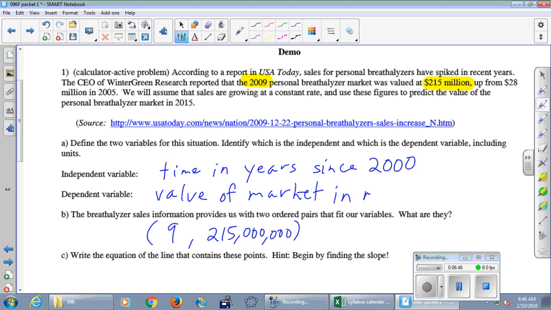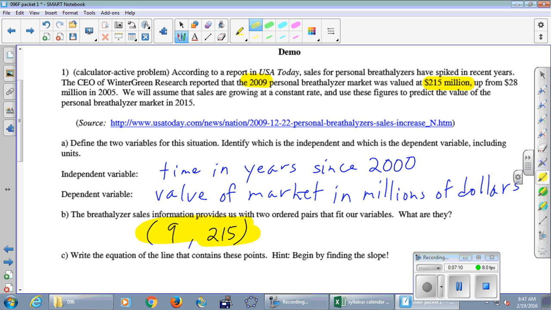And so if instead of dollars we say millions of dollars, then what does the second value become now? Just 215. And I would much rather deal with those numbers than the numbers we had before, 2009, 215 million with all 6 zeros. Okay, so our highlighted stuff up above has become that point.